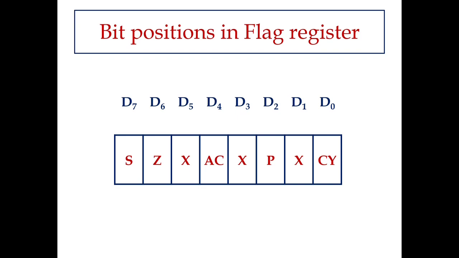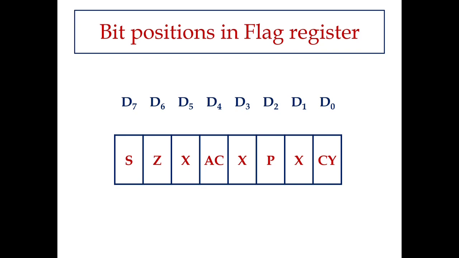This represents the bit positions in the flag register. You can see the 8 bits in the flag register represented by D0, D1, D2, D3, D4, D5, D6, D7. D7 is the sign flag. D6 represents the zero flag. D5 is not a valid flag condition.